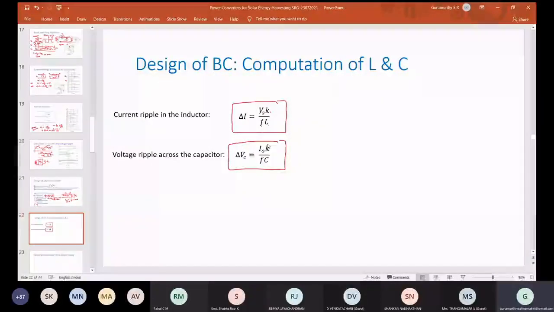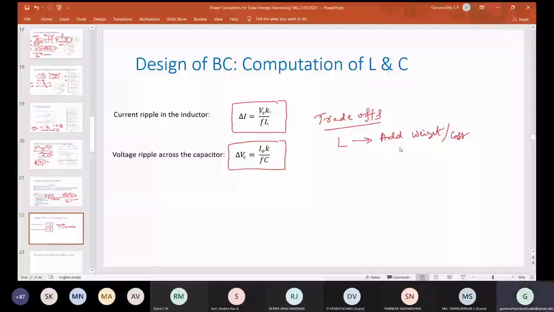Engineering is always a trade-off. You have to make trade-offs. For example, you want to make the power supply very compact and lightweight. The inductor L is going to add weight as well as cost. So you want to reduce the size of the inductor.